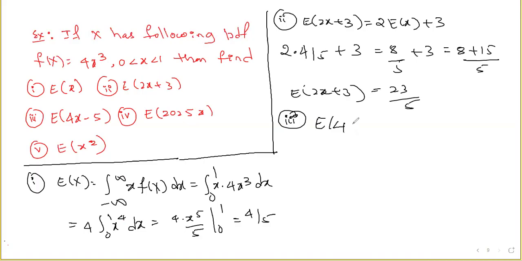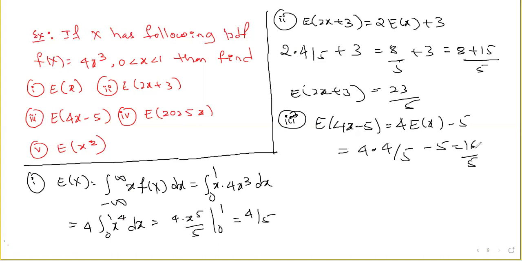Next, third one. Expected value of 4x minus 5 can be split into 4 into expected value of x minus 5. So 4 into 4 by 5 minus 5. This is 16 by 5 minus 5. So 16 minus 15 by 5. The answer is 1 by 5. Clear? How is it 15 by 5?